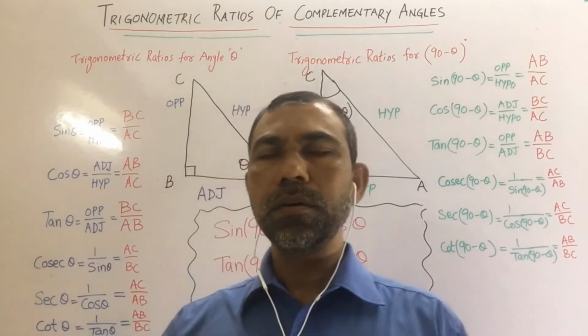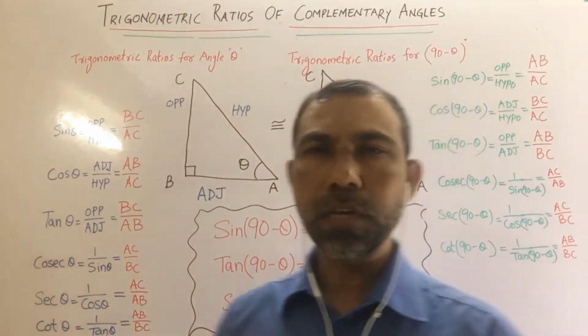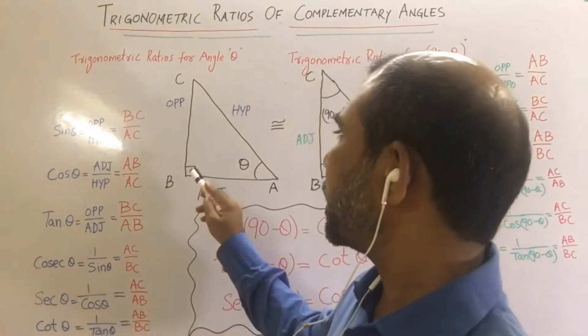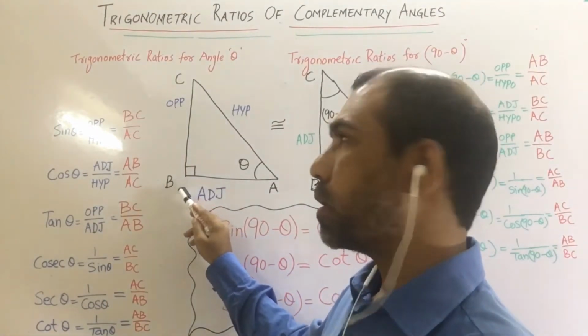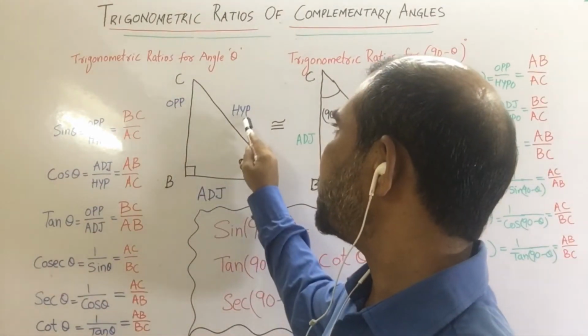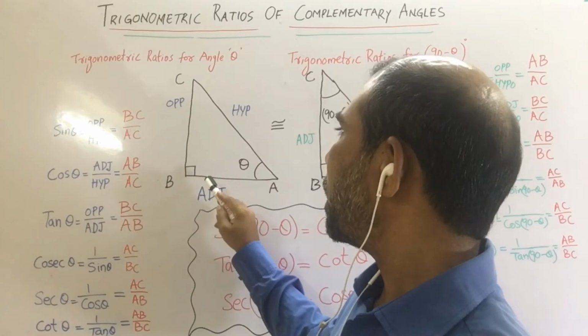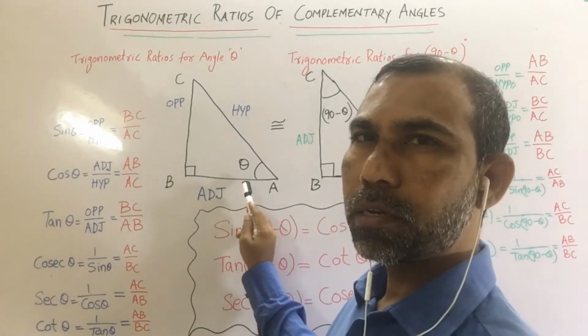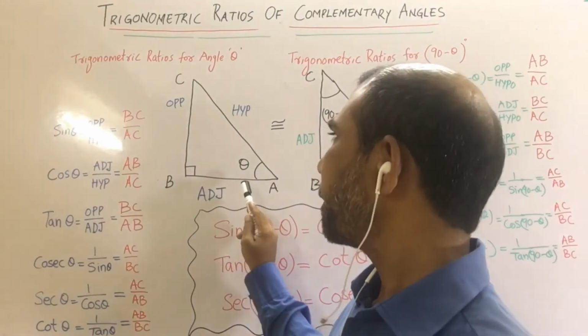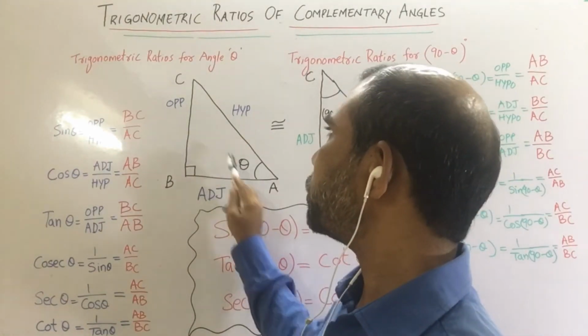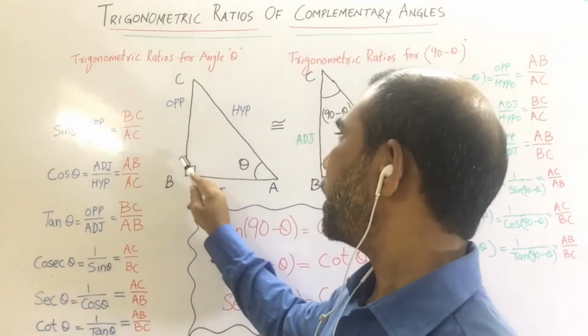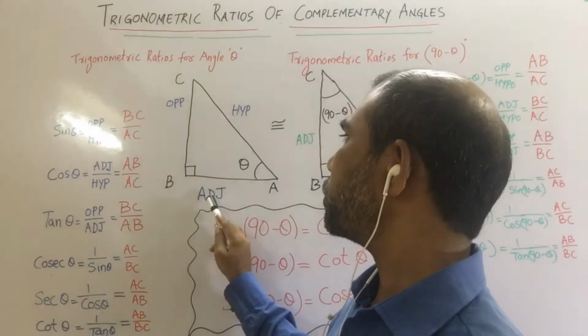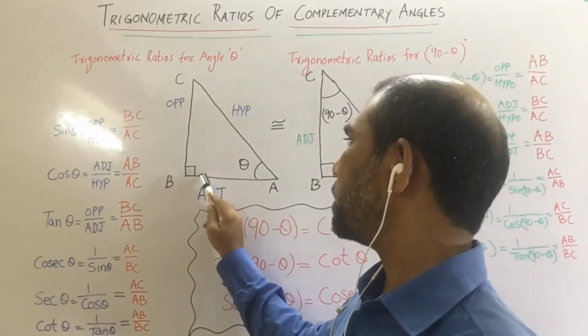Let us take a triangle ABC where angle B is 90 degrees and AC is the hypotenuse. If you consider angle A as theta, then the opposite side to theta is BC, and at the same time the adjacent side to theta is AB.